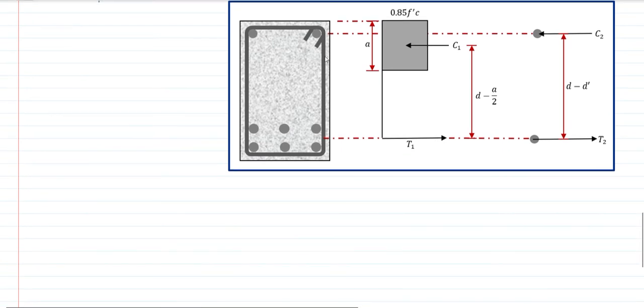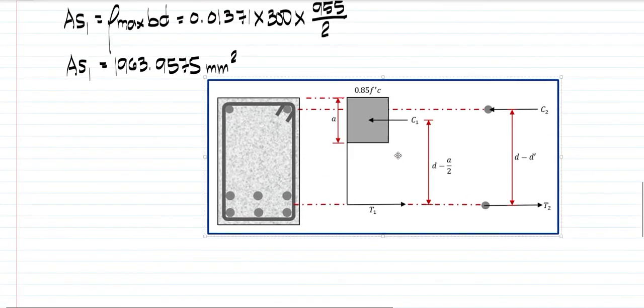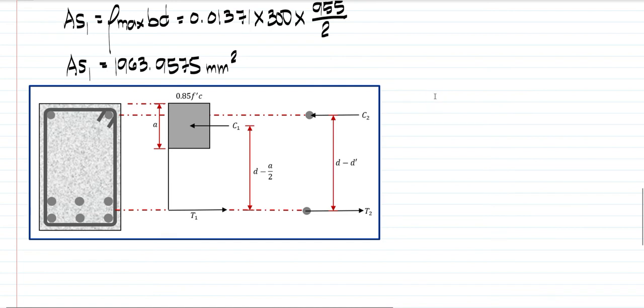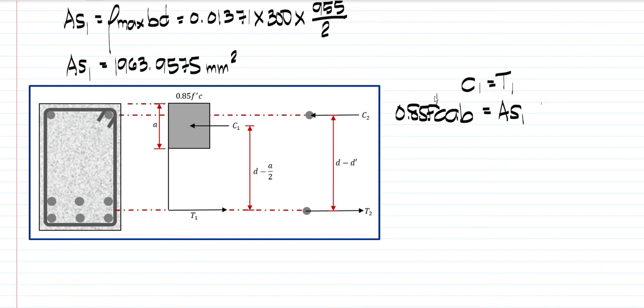So, using C1, lagay na lang natin siya on the right side, on the left side. So, that is C1 is equal to T1. Now, ito naman yun, yung C1. So, that is 0.85 F prime C ab is equal to, syempre pwede na natin gamitin yung As1 kasi nakuha na natin yan. And since this is the steel, we will use Fy. So that is 0.85 F prime C ab is equal to As1 Fy.